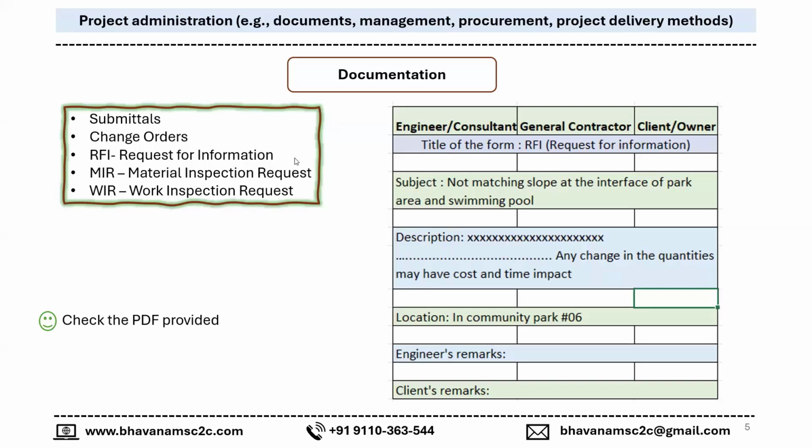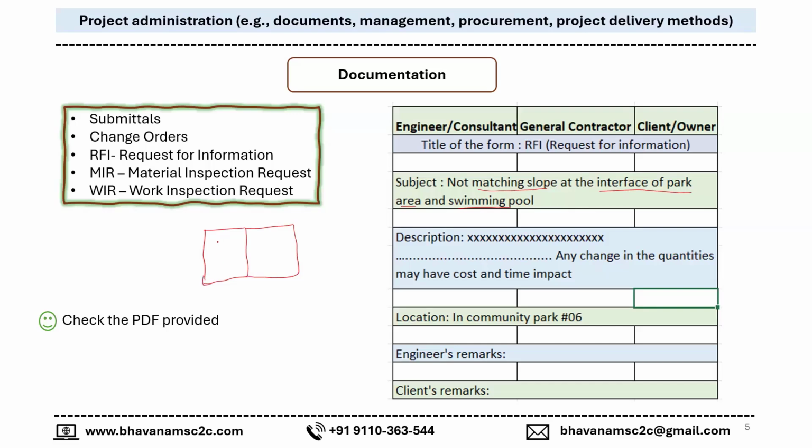It is when you get two different drawings for two different locations. Let us say, as in the given example, at the interface of the park area and the swimming pool, the slope is not matching. Suppose this is the pool area and this is the adjacent park area.